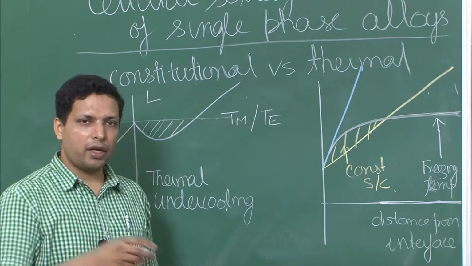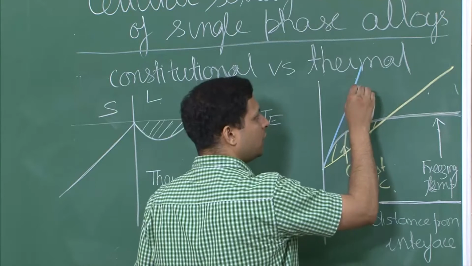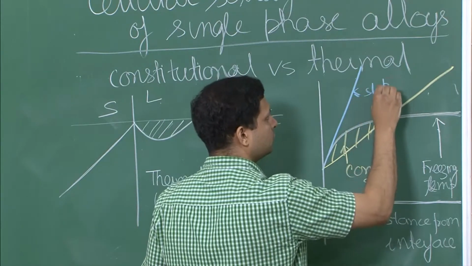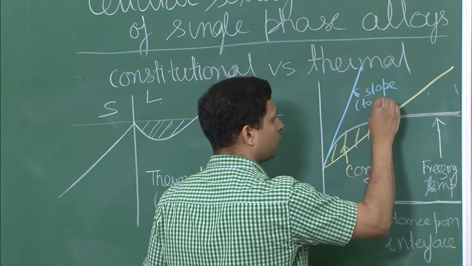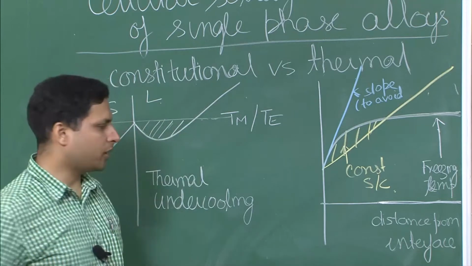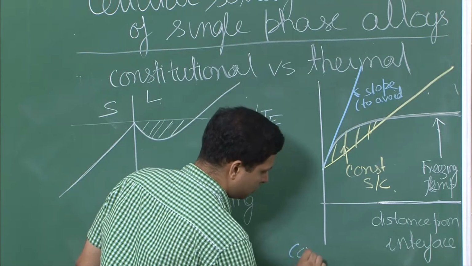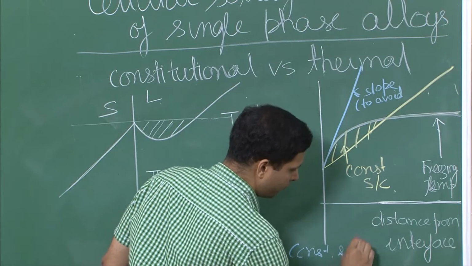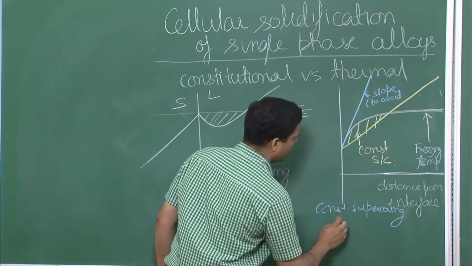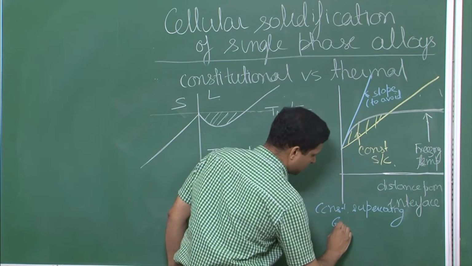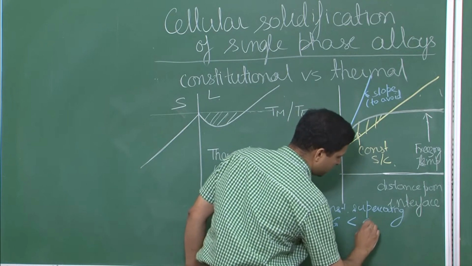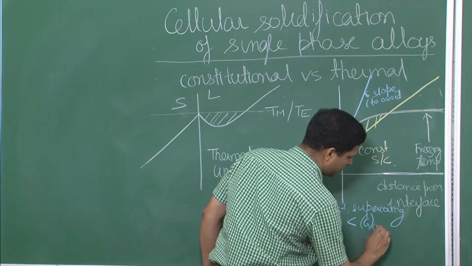So if you want to avoid it, you want to have a gradient greater than or equal to this slope. If you want to have supercooling, then G, which is the thermal gradient, should be less than this G critical.